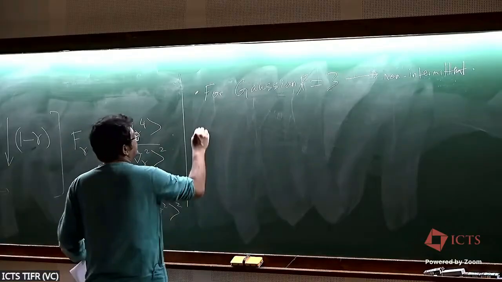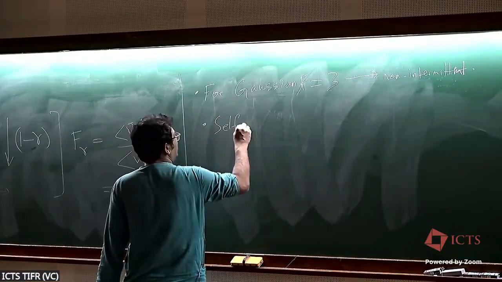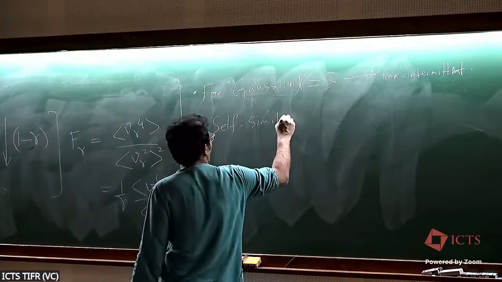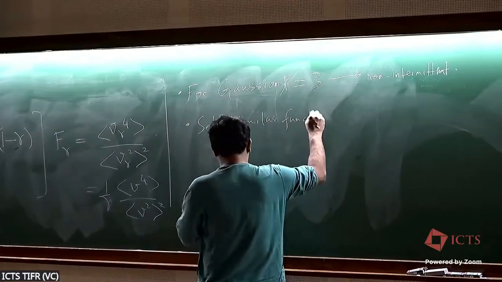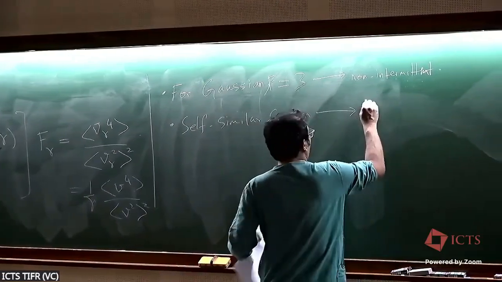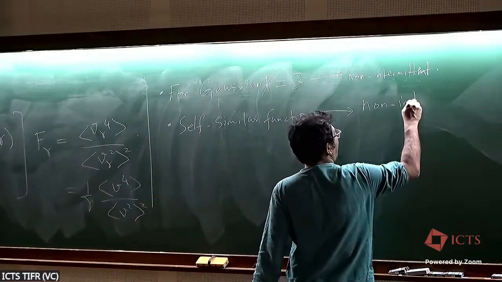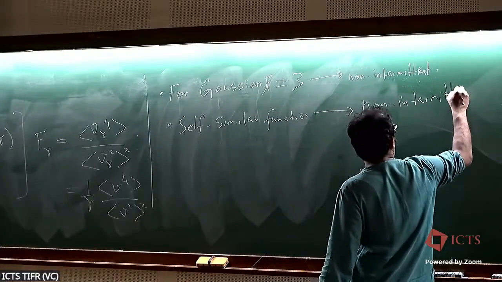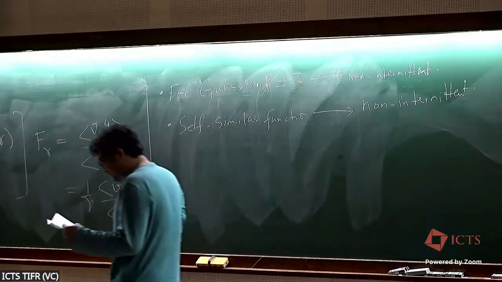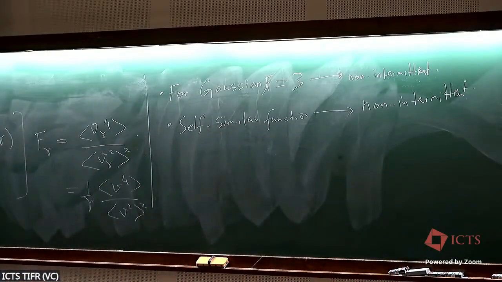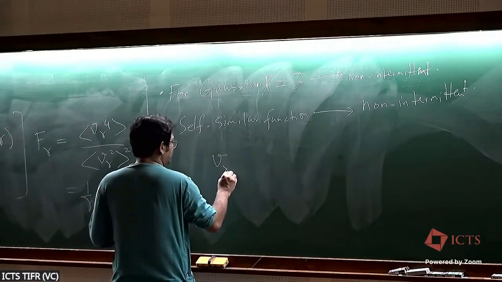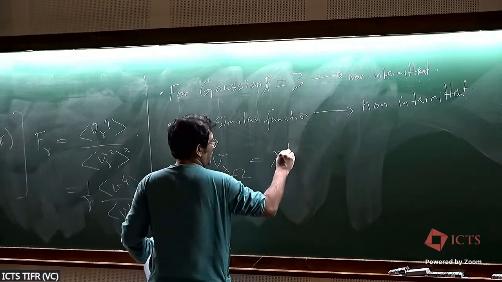Second, if you have a self-similar function, this will also be non-intermittent. You can actually calculate this using exactly this. Replace capital omega with lambda omega and redo the same calculation, and you will see that V lambda omega will scale as lambda to the minus H.